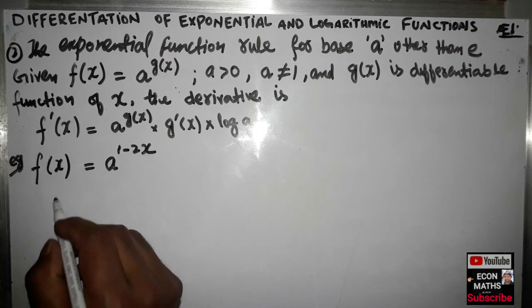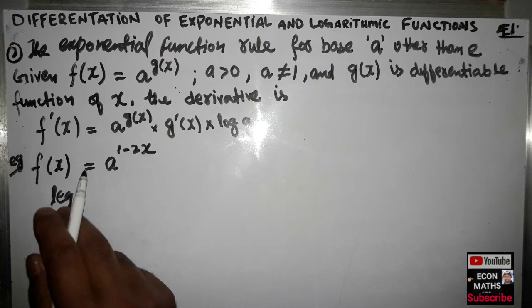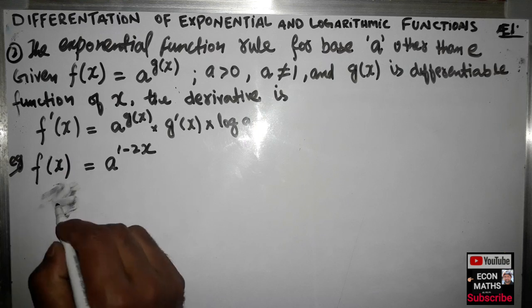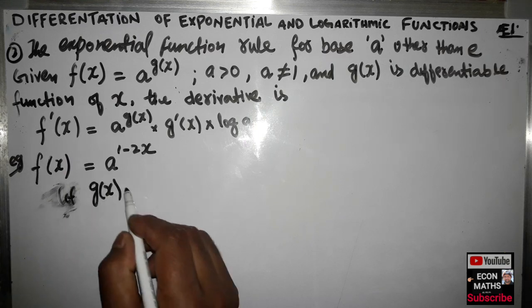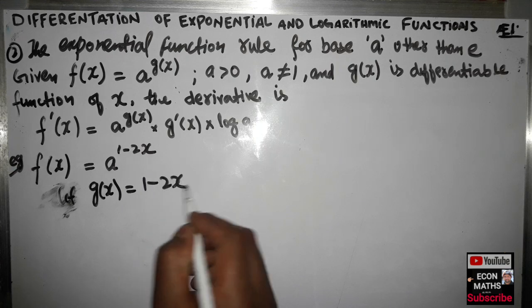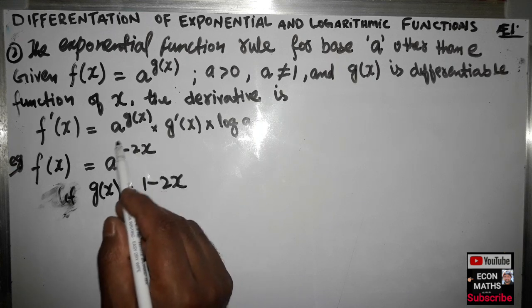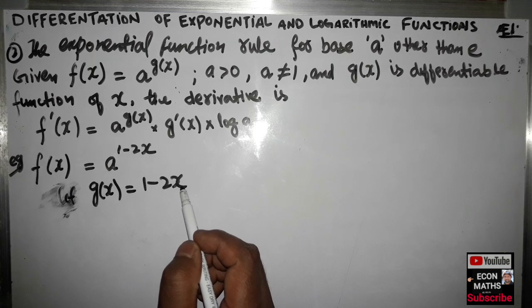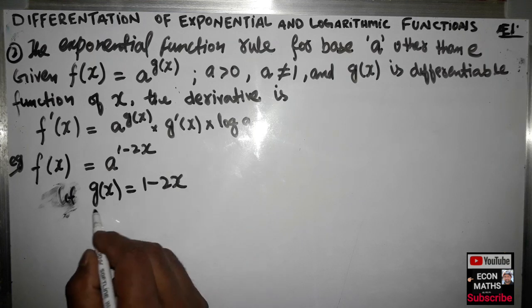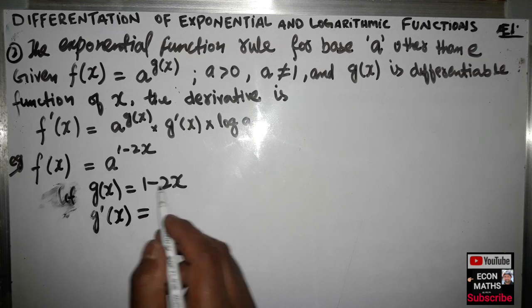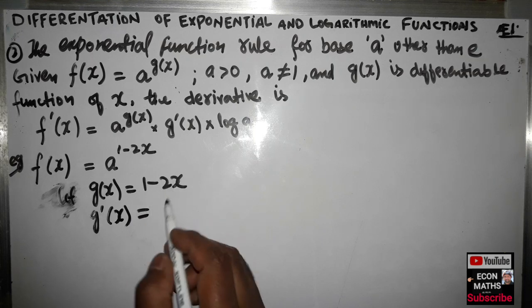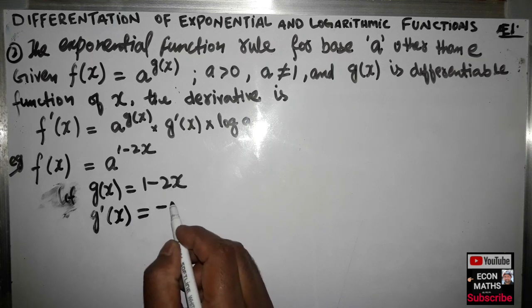Now let g of x be equal to 1 minus 2x. Now we have to differentiate this, so g dash x is equal to, the derivative of 1 is 0 and the derivative of 2x is 2, so this will become minus 2.